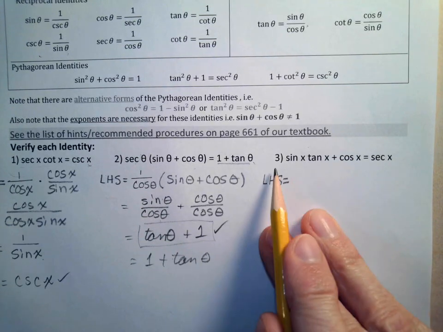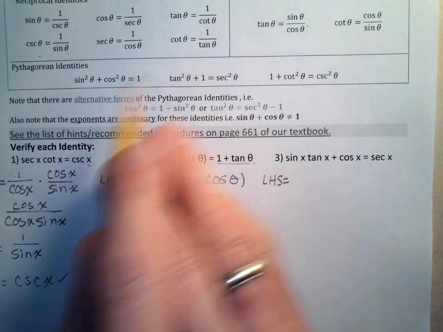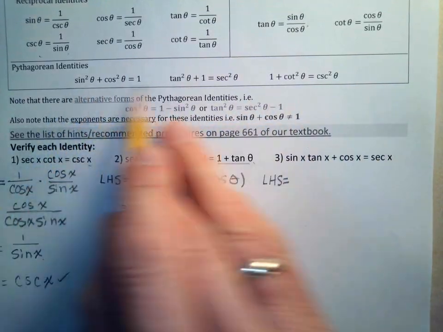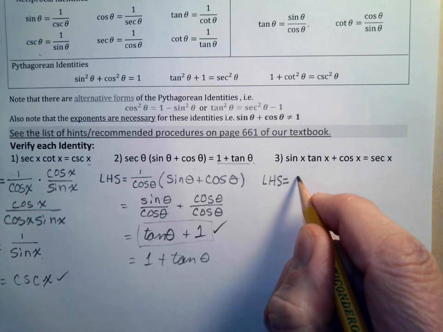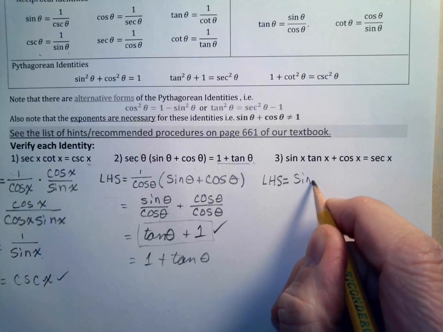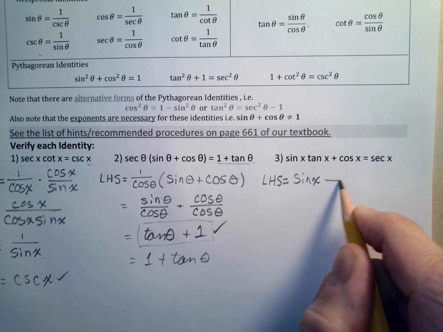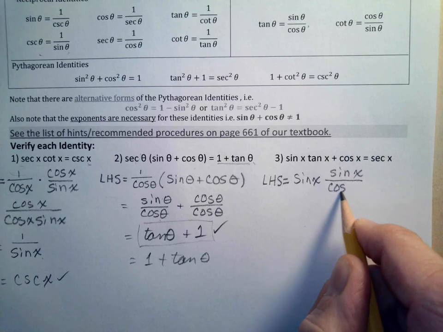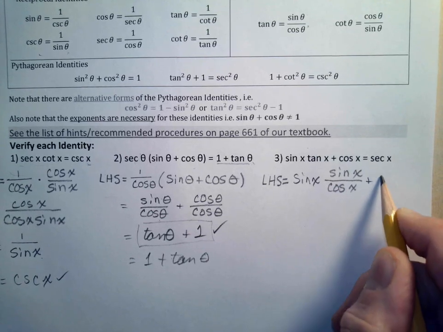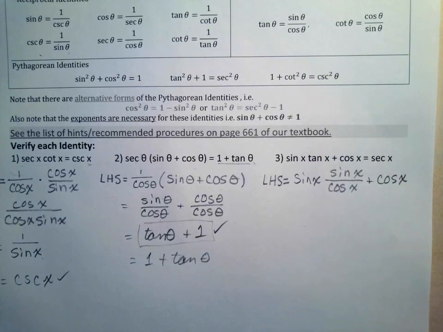In this case, I don't see any Pythagorean identities showing up. So I might want to turn everything into sines and cosines. So that gives me sine x, and then tangent, that's sine x over cosine x, and then plus cosine x.